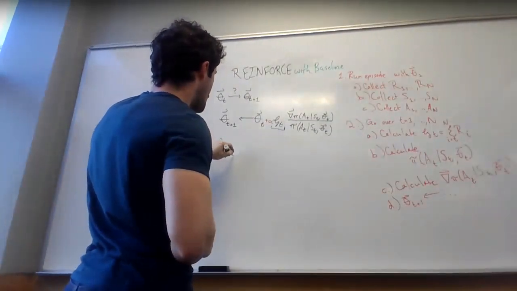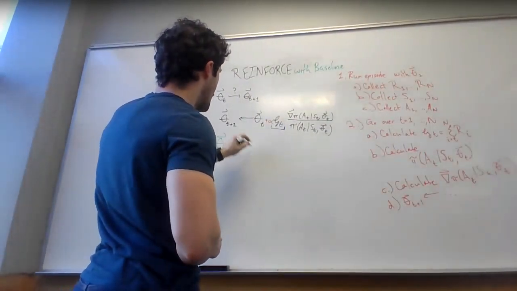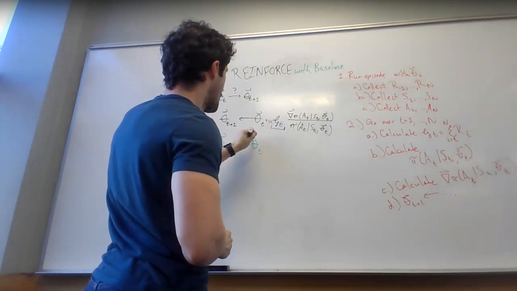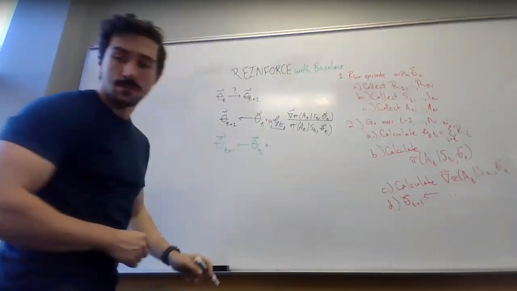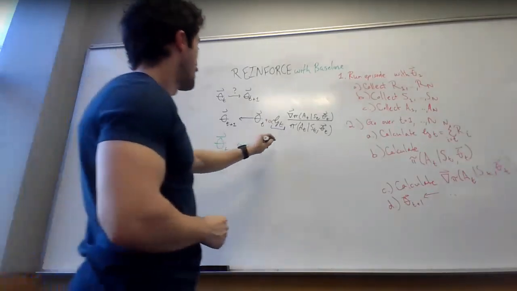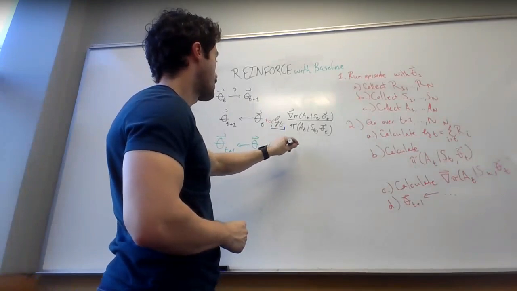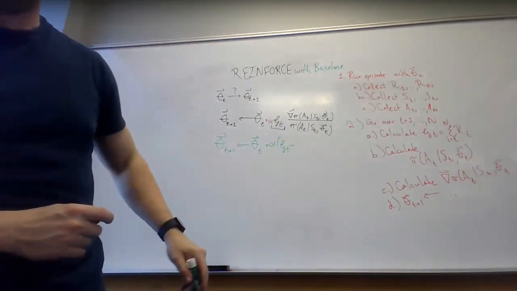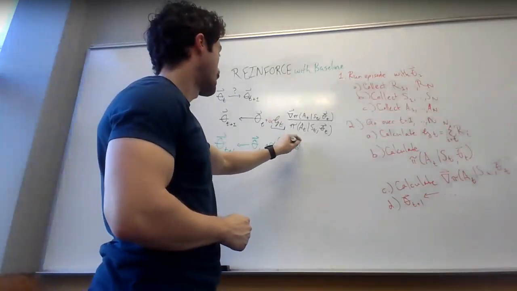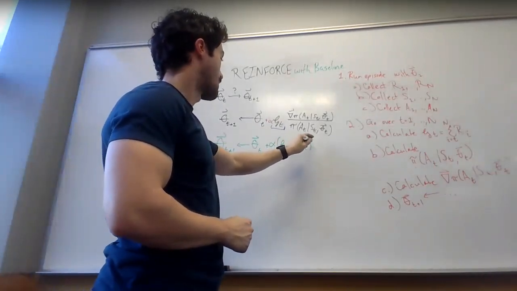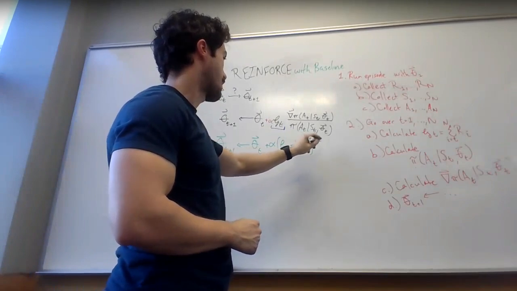Theta t plus 1 gets updated to be theta t plus some adjustment. And then the adjustment is going to be alpha times, and you just change this return. So you keep the return, but then you subtract away something, which is b of s_t. And then the rest is the same. So you just introduce this guy.